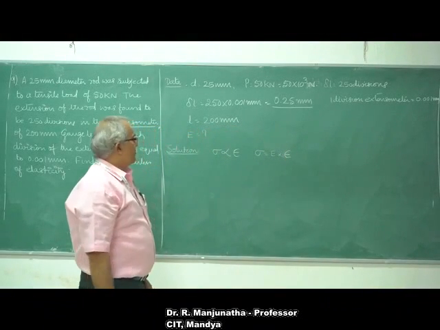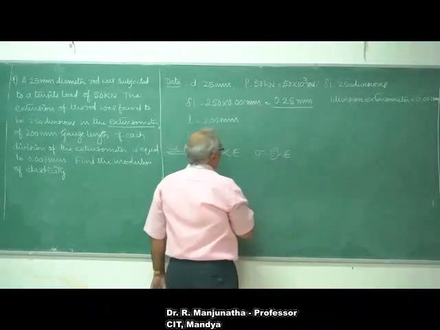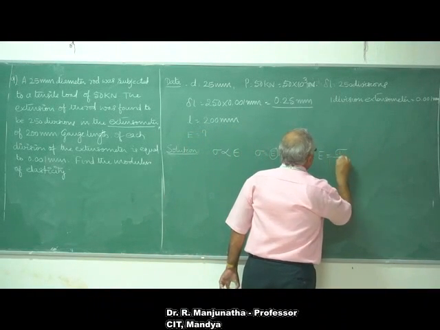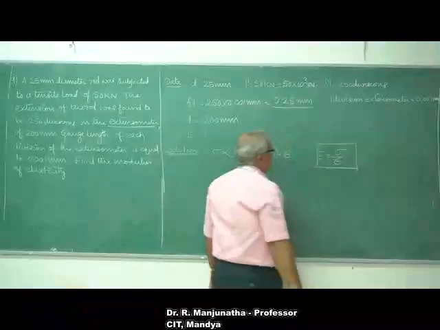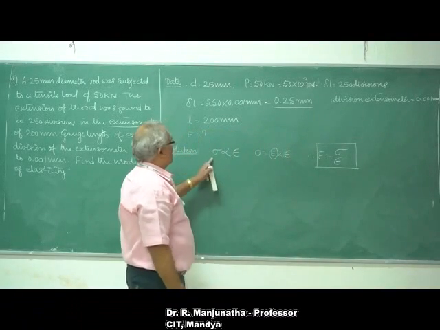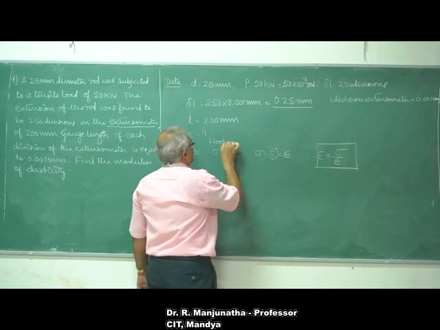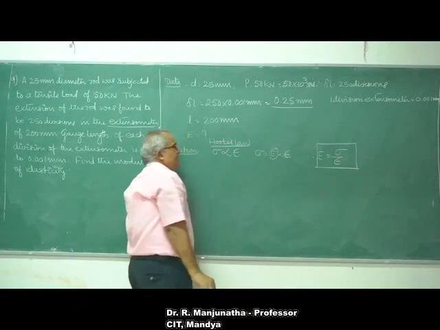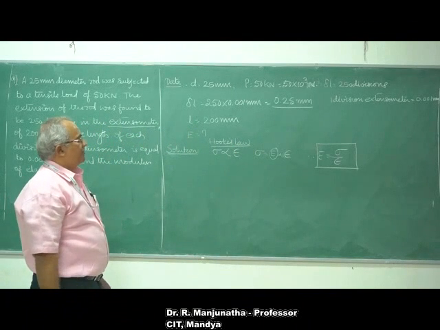Since I want E, E will be equal to sigma by epsilon. This is the equation from Hooke's law. Stress is directly proportional to strain. If you remove the proportionality constant, we get E, the modulus of elasticity, equal to sigma by epsilon.